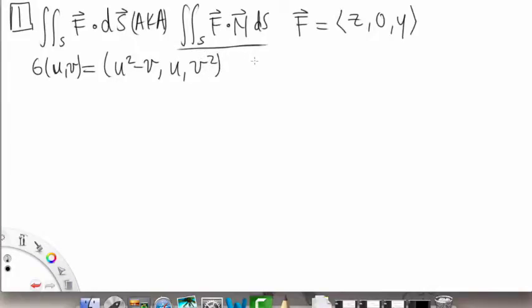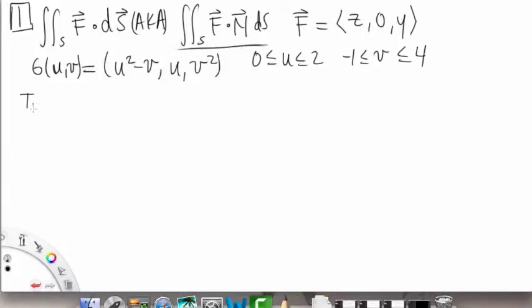And also the last thing we're given is u goes from 0 up to 2, and v goes from negative 1 up to 4, okay? So this is all of our given information, and we're supposed to find the surface integral over this vector field with the given parameterization.